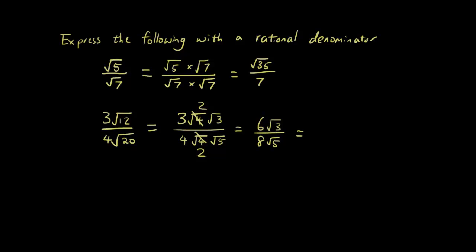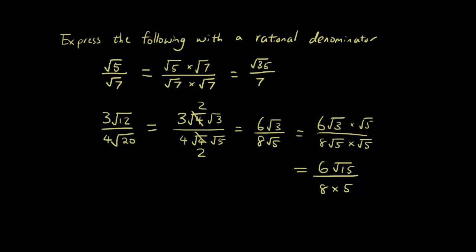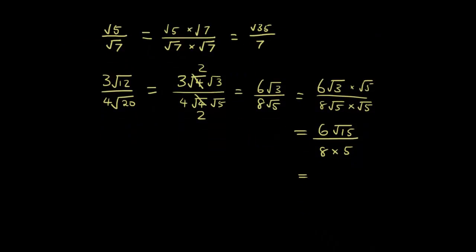Then I can multiply both the top and the bottom by square root of 5, so I get 6 times square root of 3 times square root of 5 over 8 times square root of 5 times square root of 5. At the top, the numerator becomes 6 times square root of 15, and the bottom becomes 8 times 5, which is 40.